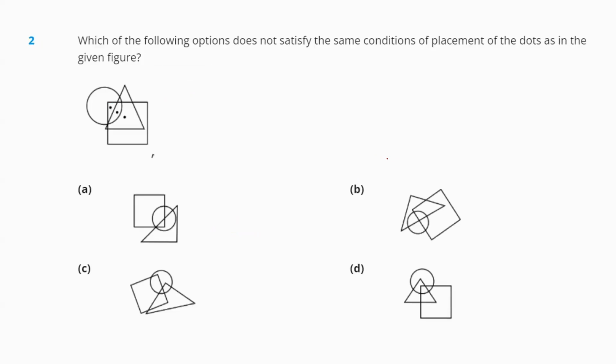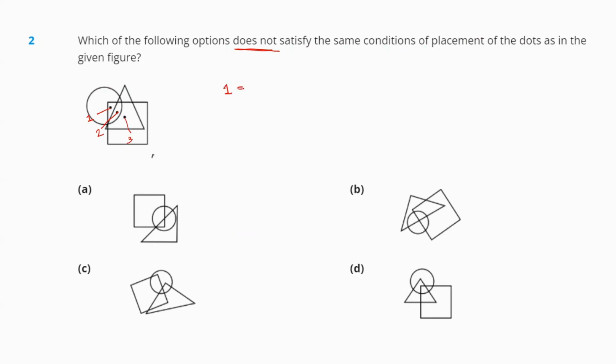Which of the following options does not satisfy the same condition of placement of dot as in the given figure? Please pay attention here. It is written does not satisfy. So let's see this dot 1, this dot 2, and this dot 3.